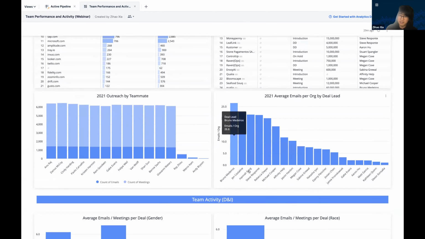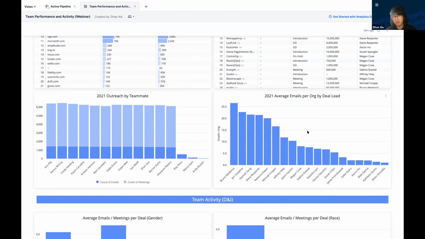And similarly here, something worth calling out is that with Affinity Analytics, you can start to do additional types of analysis on top of the data points that you've provided within the CRM. Here, what I'm looking at is the average number of emails that are sent to a specific organization by each deal lead.